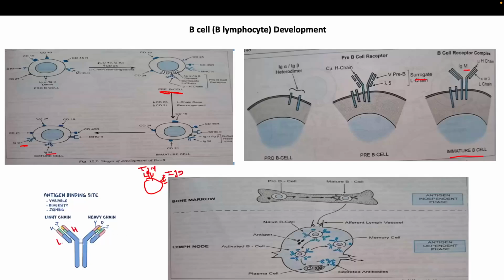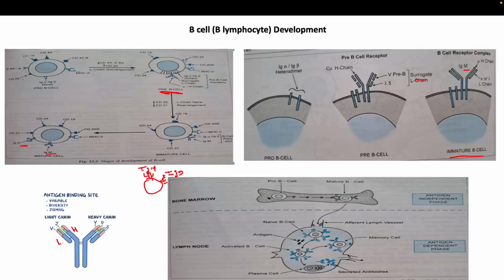These heavy and light chains are made up of different types of genes, called the variable, diversity and joining genes. That is called VDJ recombination, and because of that it has high variation to bind with different kinds of antigens.